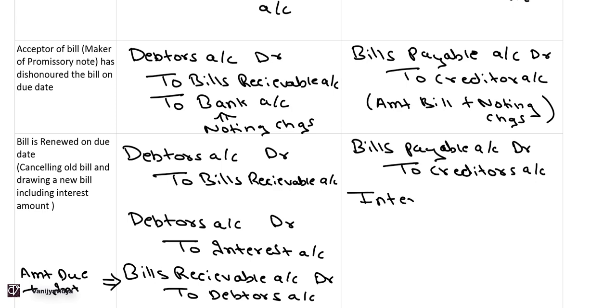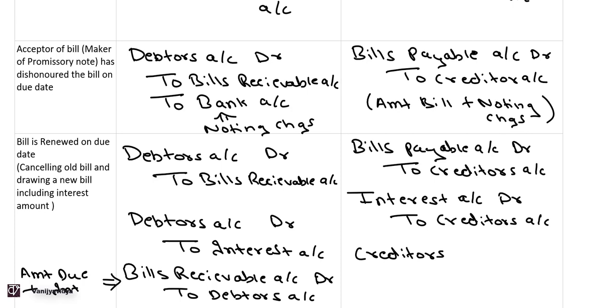So the entry will be interest account debit to creditors account, and if some payment is made, we'll pass that entry as creditors account debit to bank account, and then the new bill including the interest amount, the entry for the new bill, will be creditors account debit to bills payable account. This is the entry for the new bill.